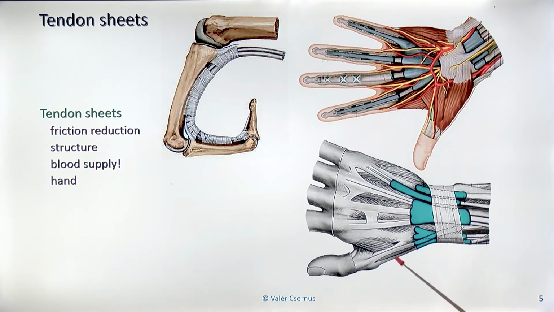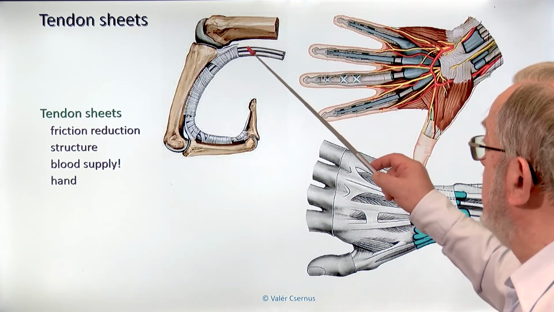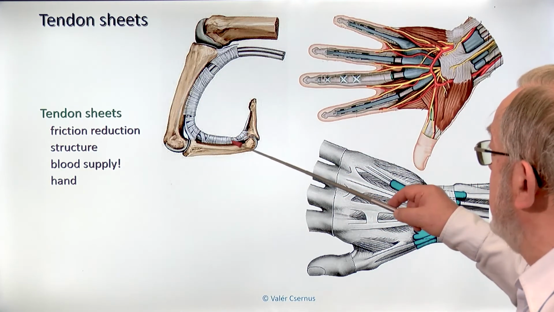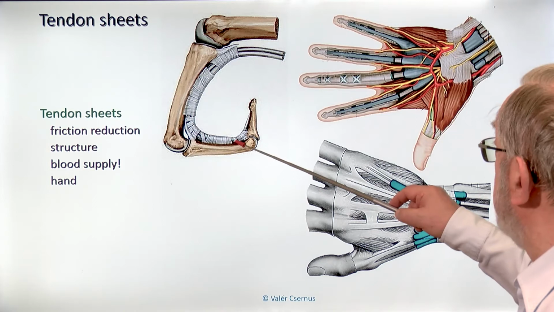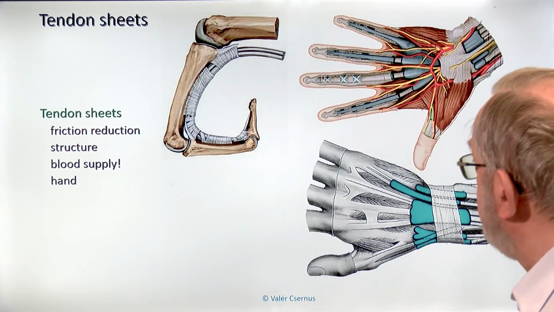Here in the back side of the hand we have 6 tendon compartments you will study in the dissecting room, and also here you can see a sample of how the tendon is led by the tendon sheaths to make it possible to bend our fingers.